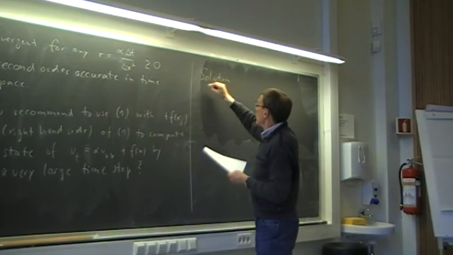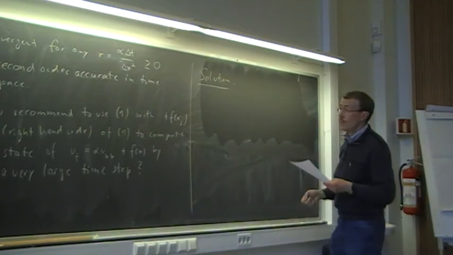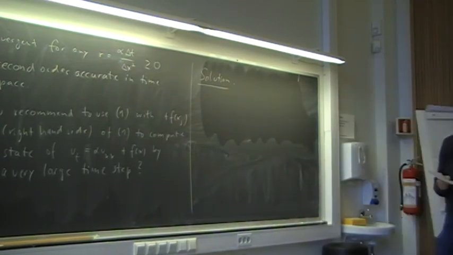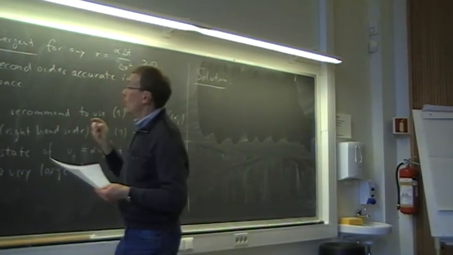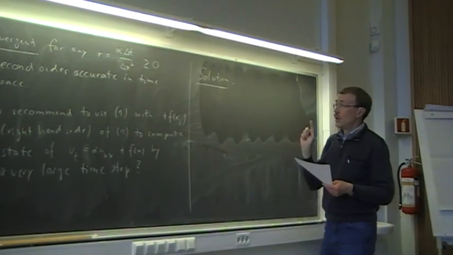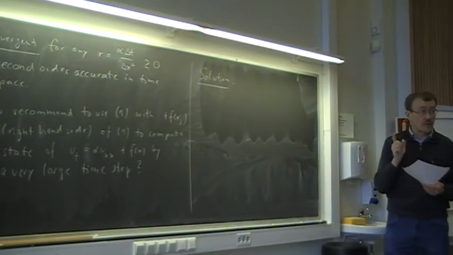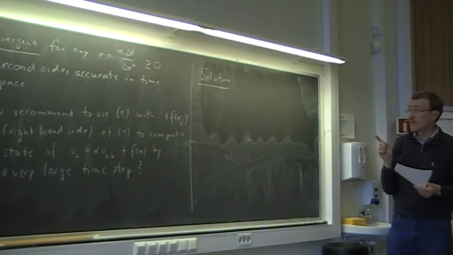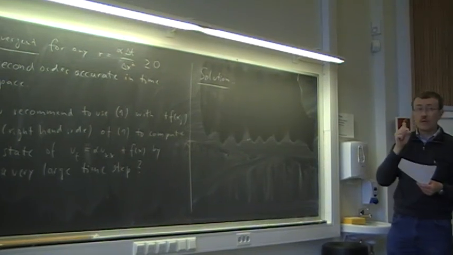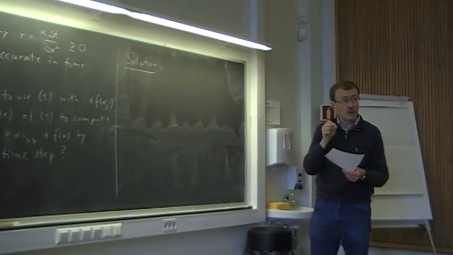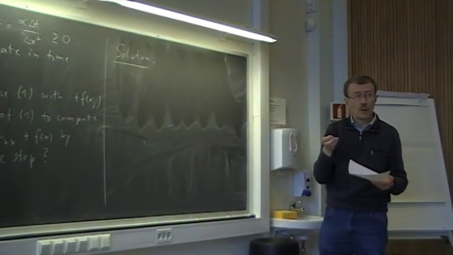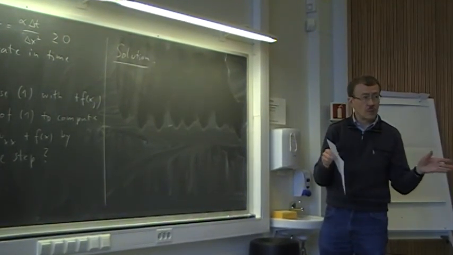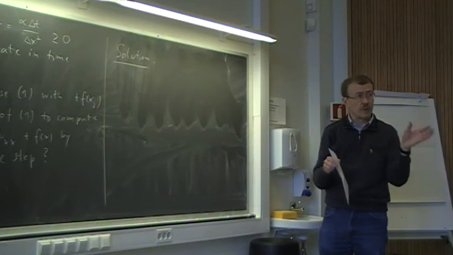So the solution will consist of 3 steps. The task is we should show convergence. What do we need to show? We remember the Lax equivalence theorem. The Lax equivalence theorem says if we have a consistent finite difference method for a linear initial value problem, then stability and convergence are equivalent.